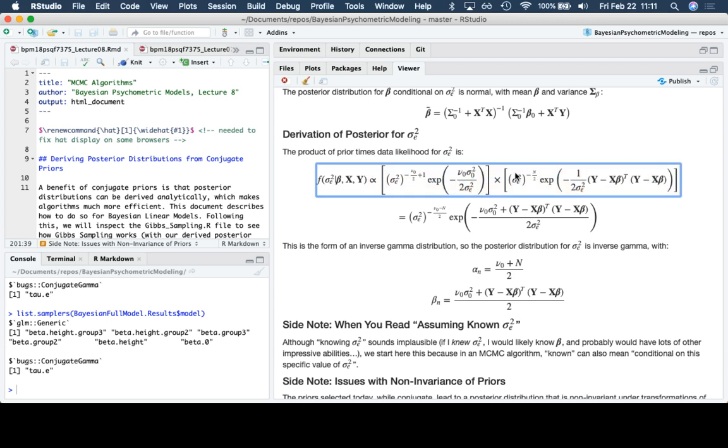The prior is on the left, likelihood's on the right. By moving terms around and dropping them, we end up getting this form. And this is where your knowledge of PDFs works well. You're like, what is that? I've seen that before somewhere. It's inverse gamma. That's what that happens to be.